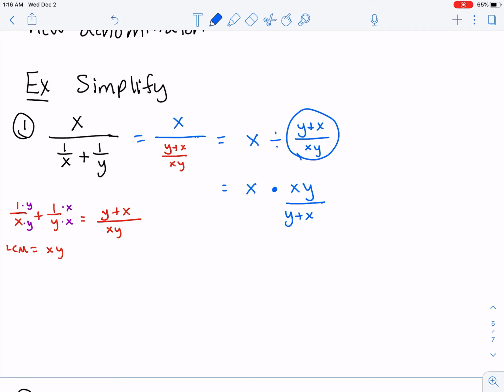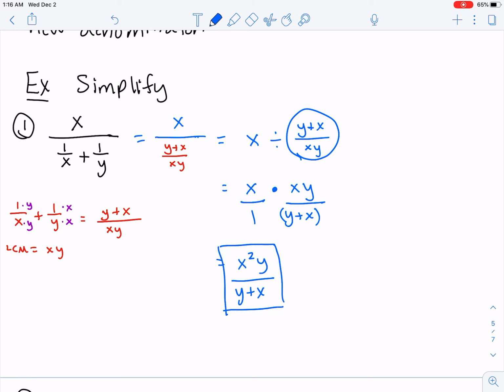Okay, now keep in mind this x is the same as x over 1. Multiply the top, x times xy is x squared y. Multiply the bottom, 1 times this quantity would be the quantity, so y plus x. And there you go.